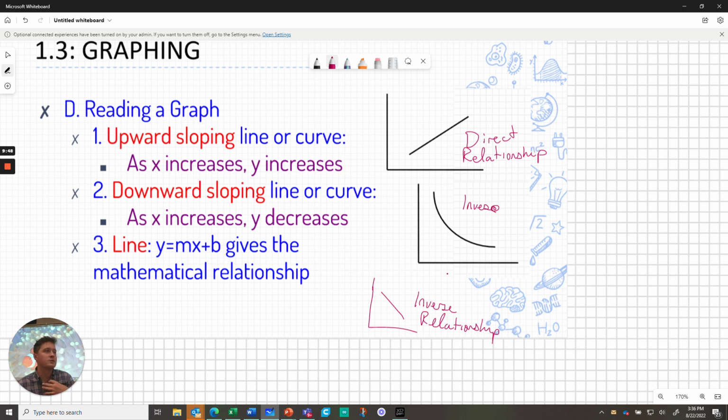But the line gives you y equals mx plus b. That is the relationship between the y and the x. So for any x, I know the y. So if we go back over here, I have this equation here. Let me copy this over to my drawing pad.